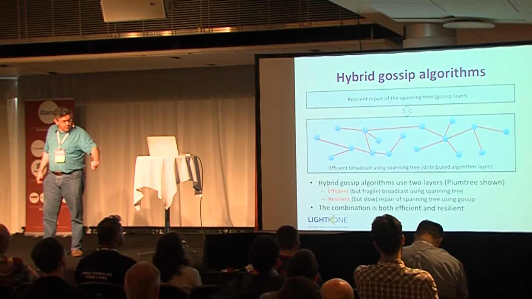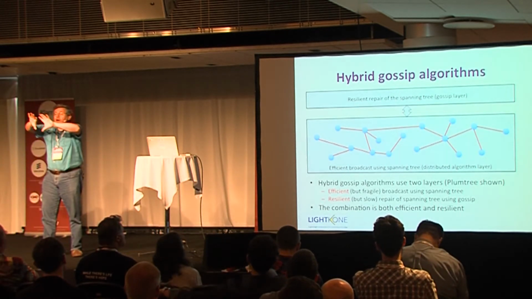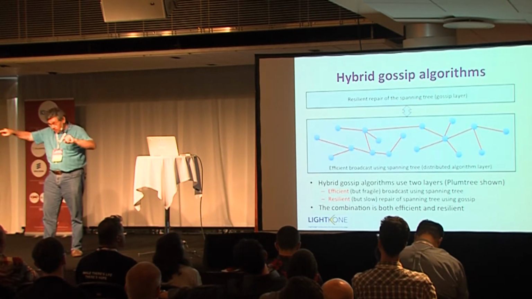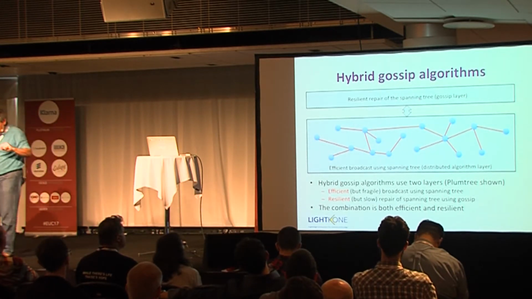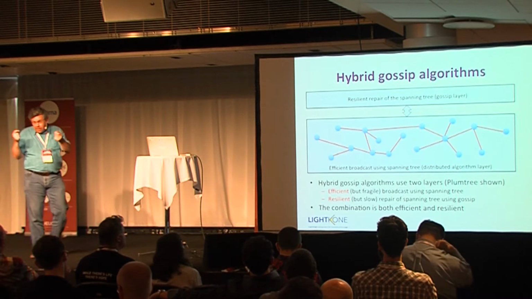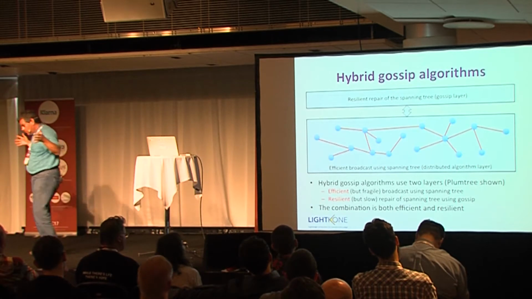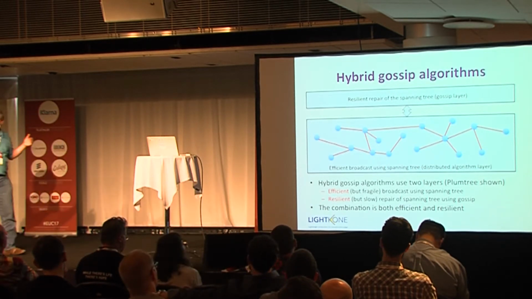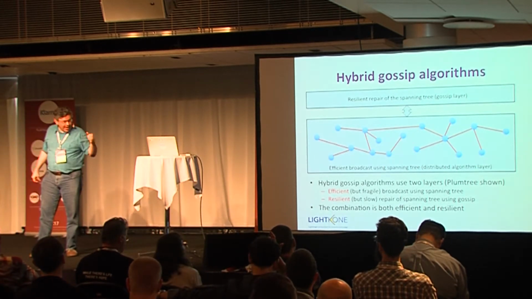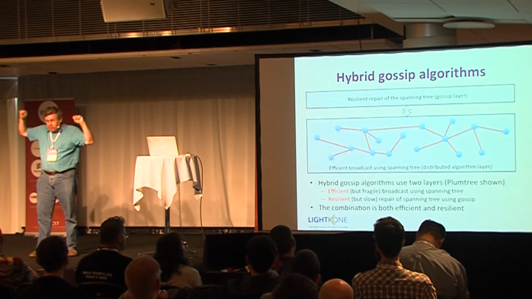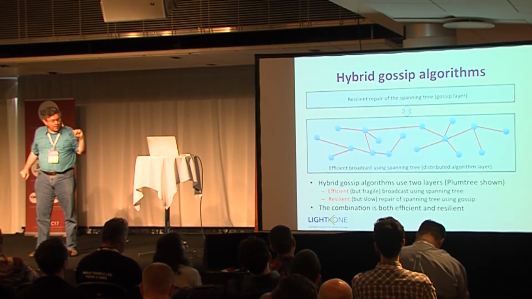So the system has two layers. You have a spanning tree, that's the bottom layer in the slide there, where the nodes are connected, and this spanning tree lets you do broadcast. So Plumtree is an epidemic broadcast algorithm, which Jonas mentioned this morning. Thank you, Jonas. And on top of that, you have a resilient repair using gossip.